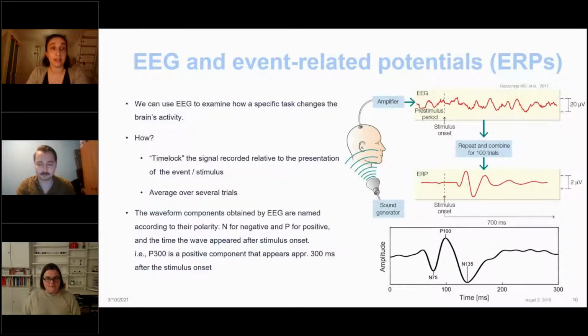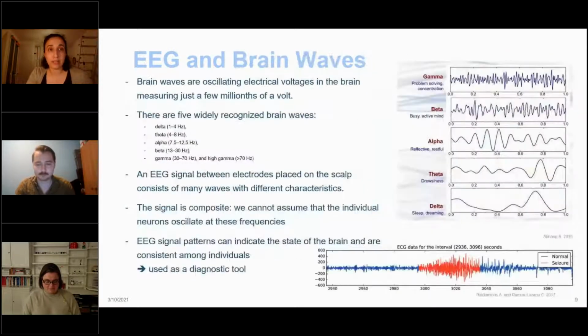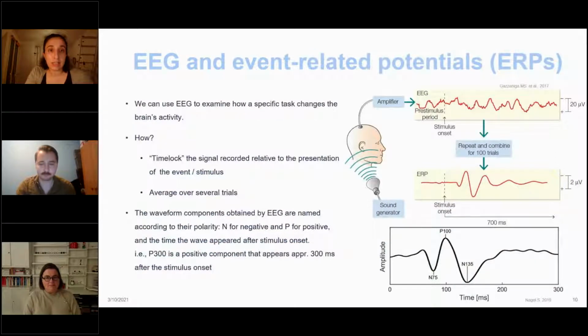Apart from brain waves, there is another field of research within EEG research, which is event-related potentials. Basically, it's what we use to examine how a specific task changes the brain's activity.